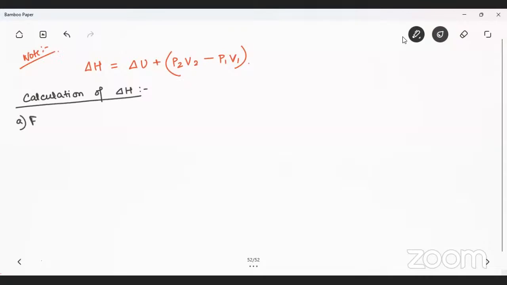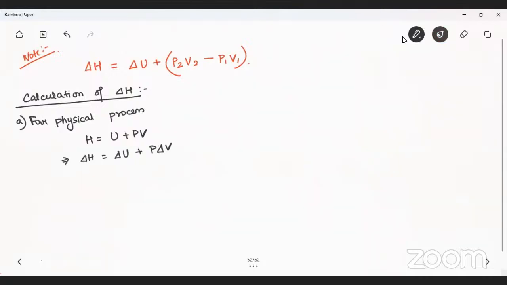For physical processes, H is equal to U plus PV. This is something we know. Delta H is equal to delta U plus P delta V, where pressure remains constant.